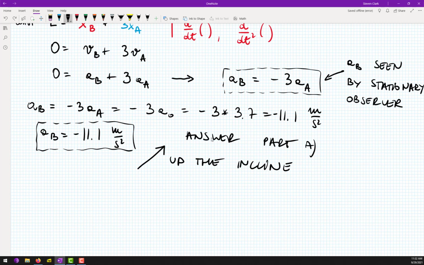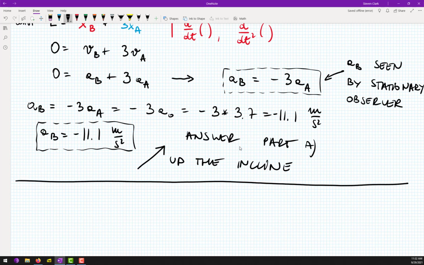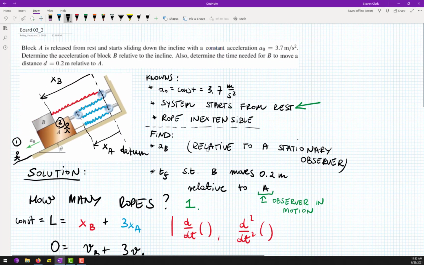Okay, that's the end. Any questions about what happened in part A? So now part B. What do they ask us for? They ask us to find time in relative motion, yes?